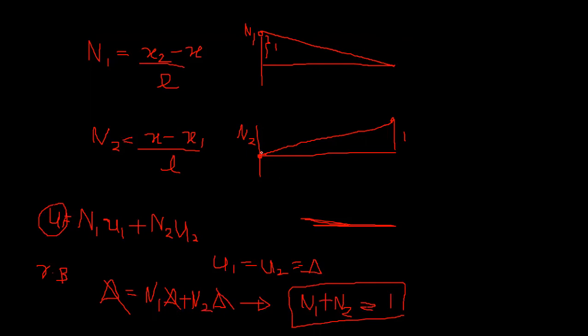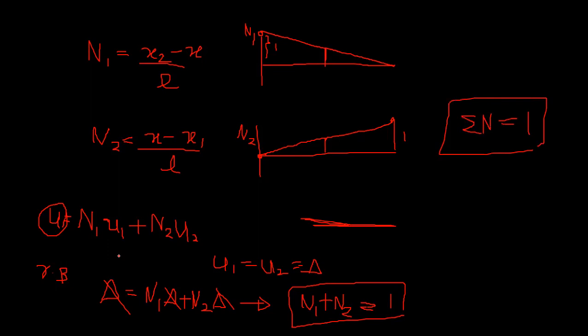So you can see 0 plus 1 equals 1. This is increasing, but the summation is always 1, so you can write sigma n equals 1, right? So these are the shape functions that let you mathematically idealize it.